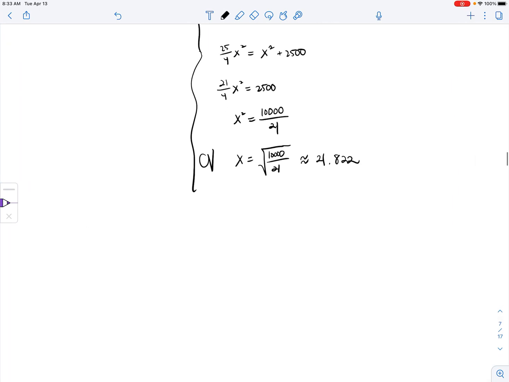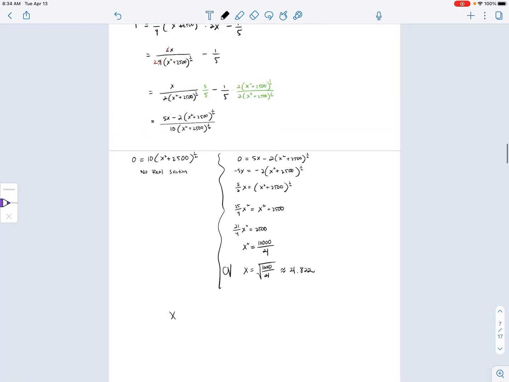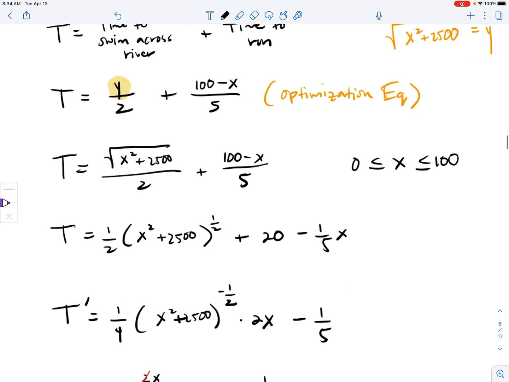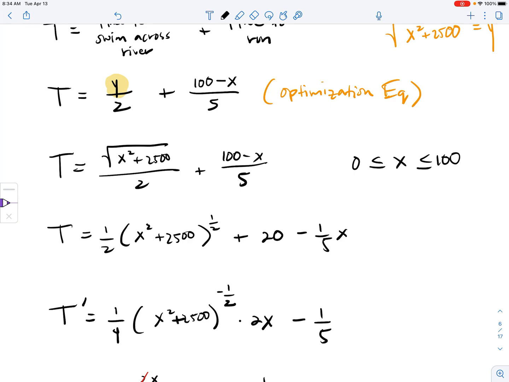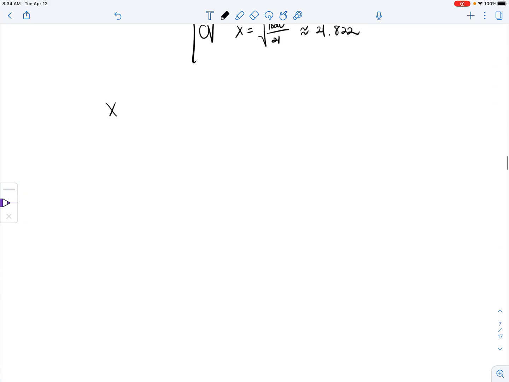And because our optimization equation is defined on a closed interval, and it is a continuous function, so if you go back up to look, there are no domain restrictions between 0 and 100, so t would be continuous between 0 and 100.